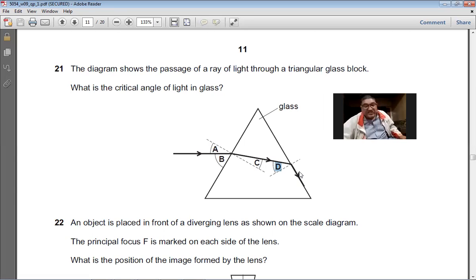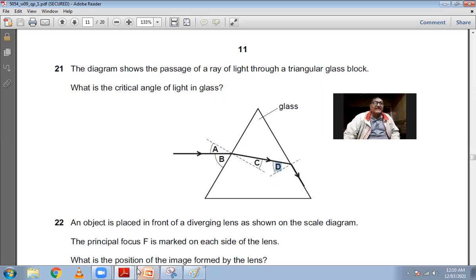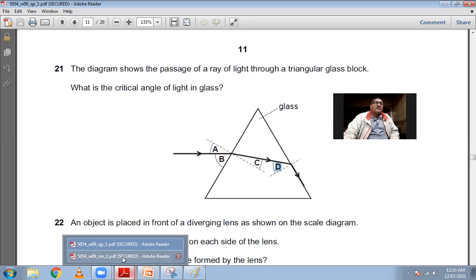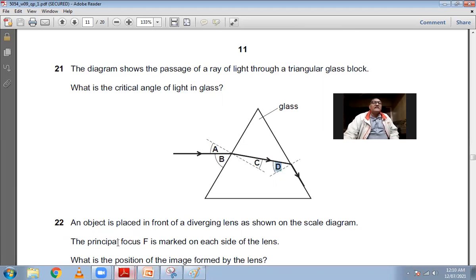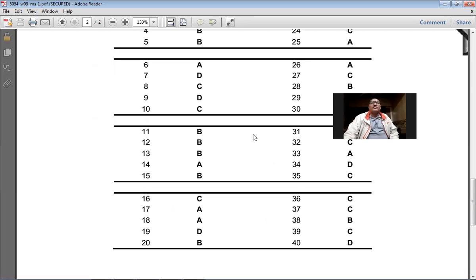The angle of incidence in the dense medium whose angle of refraction in the rare medium is 90 degrees is known as the critical angle. So D is the critical angle. So let's check D. Sorry, we are working on question number 21. So let's check question number 21.